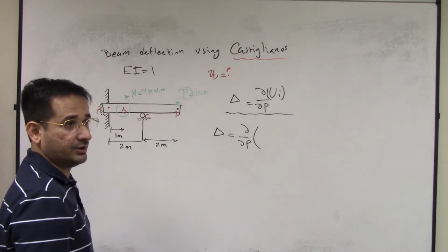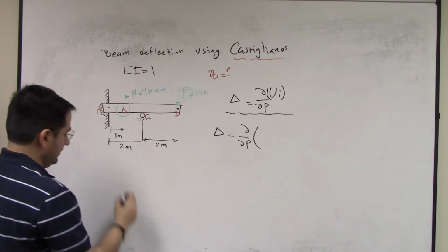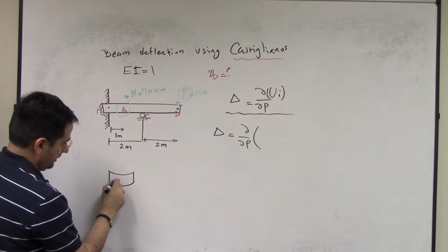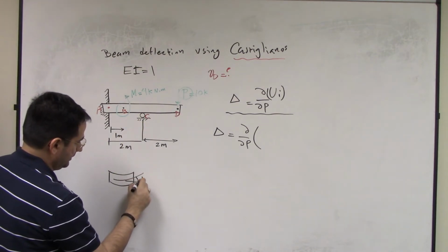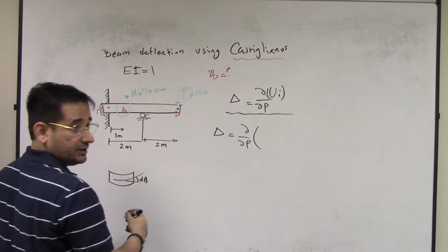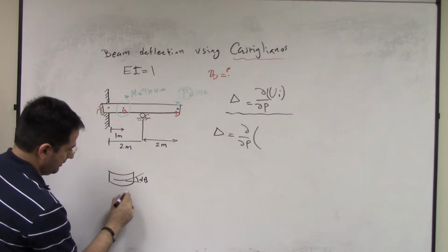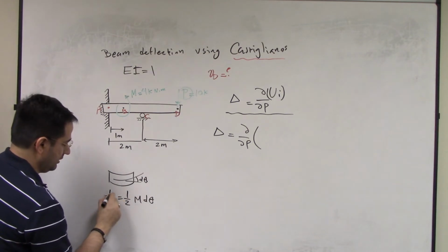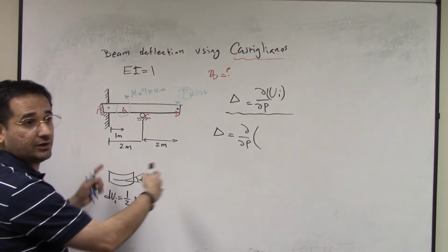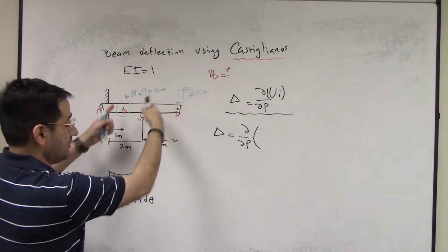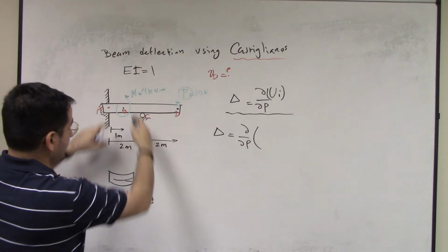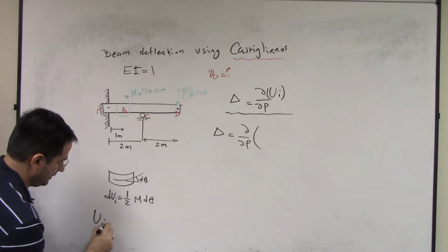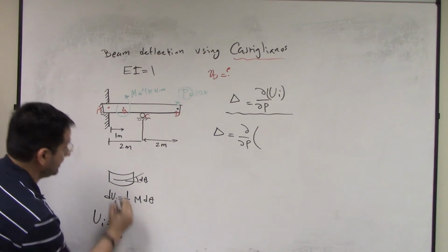Well, as you remember from class, we took an element in the beam that has some d theta deflection, and we said 1/2 M d theta is dU_i, the infinitesimal internal energy or strain energy stored in this element. Now if you integrate this over the entire beam, it's going to be a total theta from 0 to L, the entire beam.